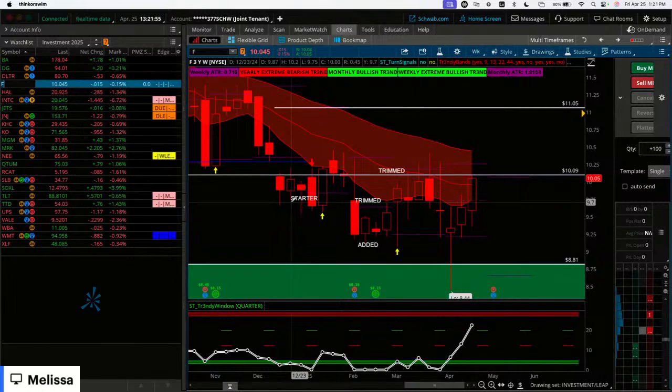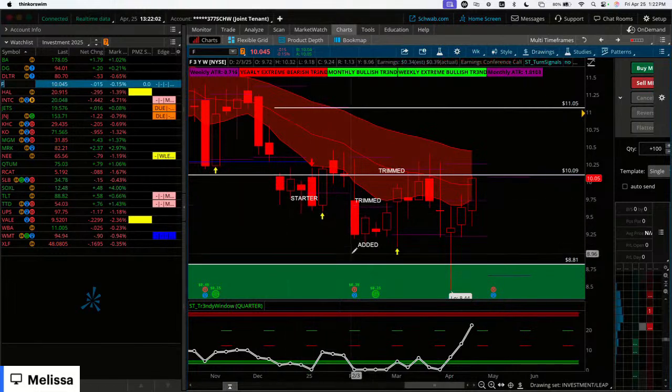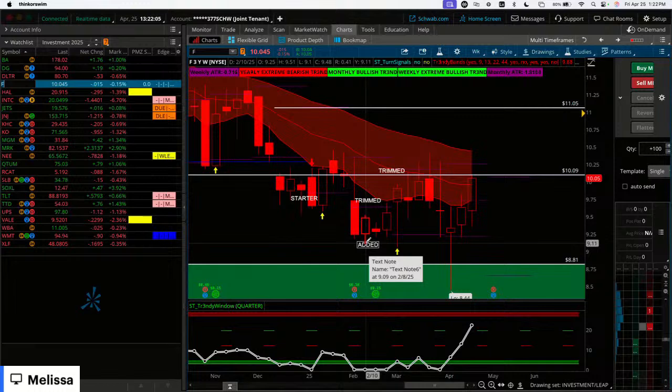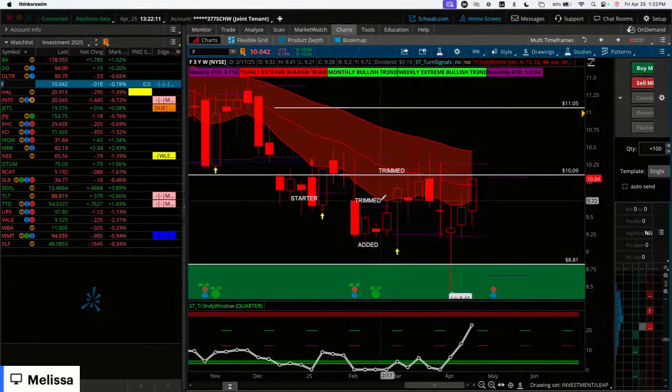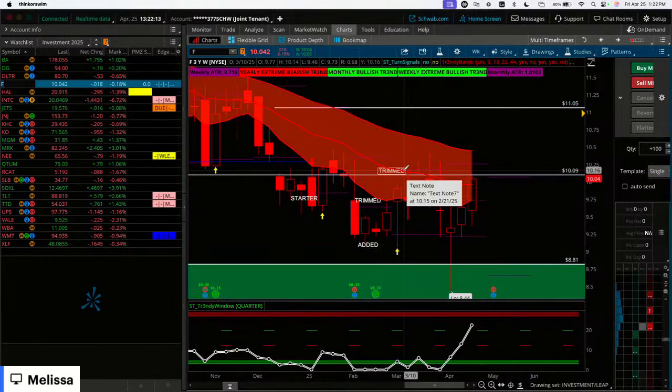On Ford, I started the position at $9, I believe like 9.70. Added to the position on this pullback here at or around $9. Then we trimmed and we trimmed again.